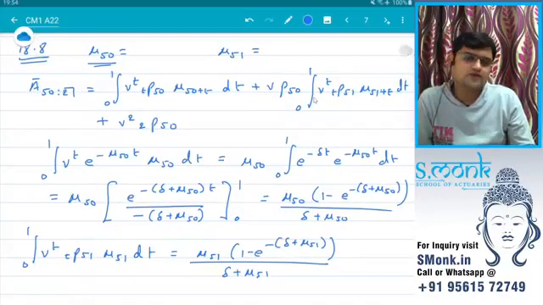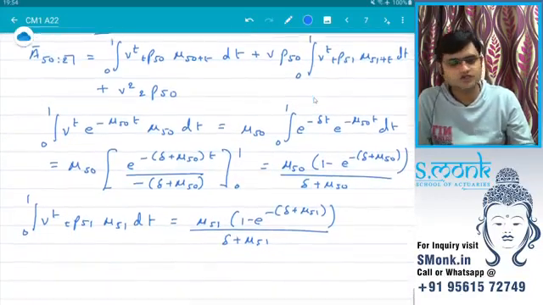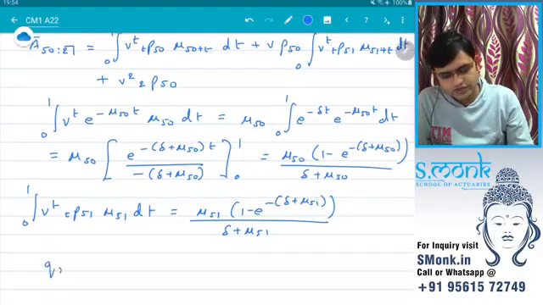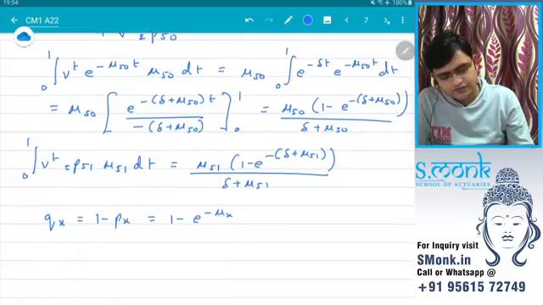Now how would you calculate these constant force of mortalities? Q values are given to us. Okay, so Qx is given to us in the table, that is 1 minus Px, that would be 1 minus e raised to minus mu x. If you write this, you will get your mu x would be minus log of 1 minus Qx.